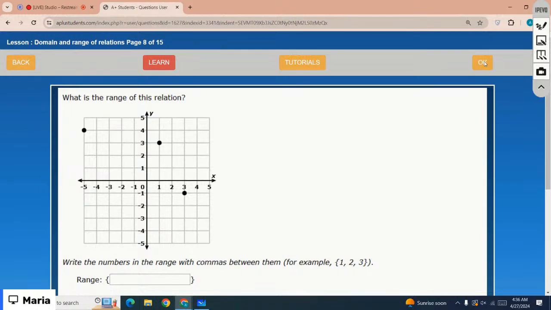What is the range of this relation? Which is the correct option? What is the range of the relation?